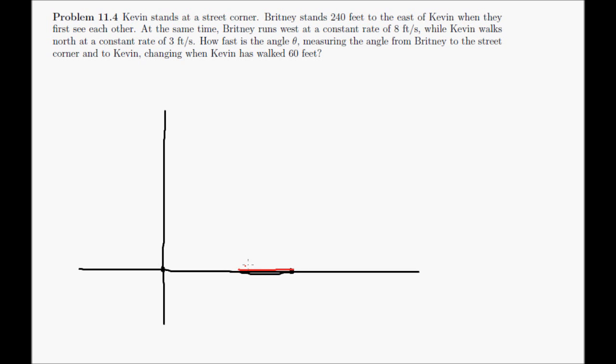So Brittany is going this way at 8 feet per second. Meanwhile, Kevin runs north and is going this way at the rate of 3 feet per second. How fast is the angle theta changing between them when Kevin has gone 60 feet?